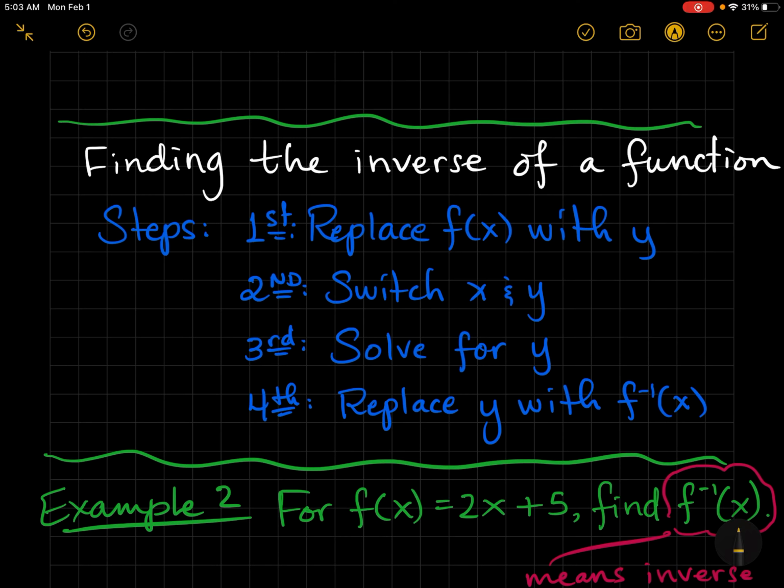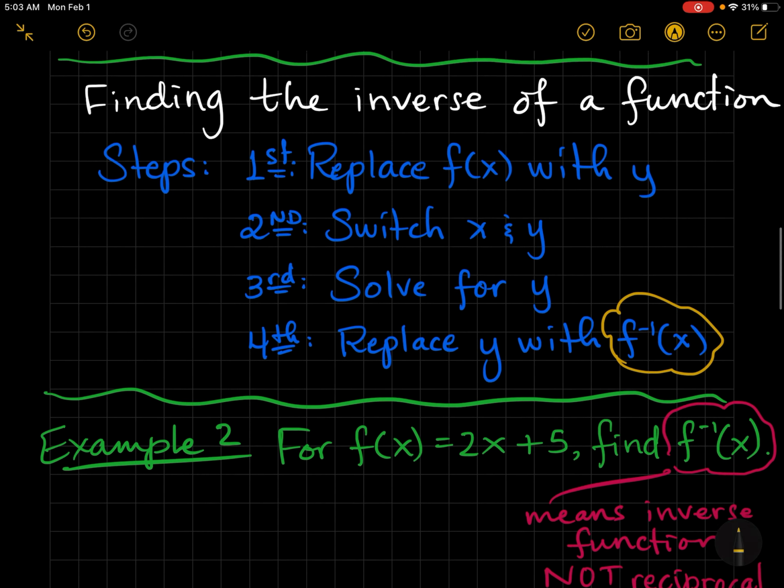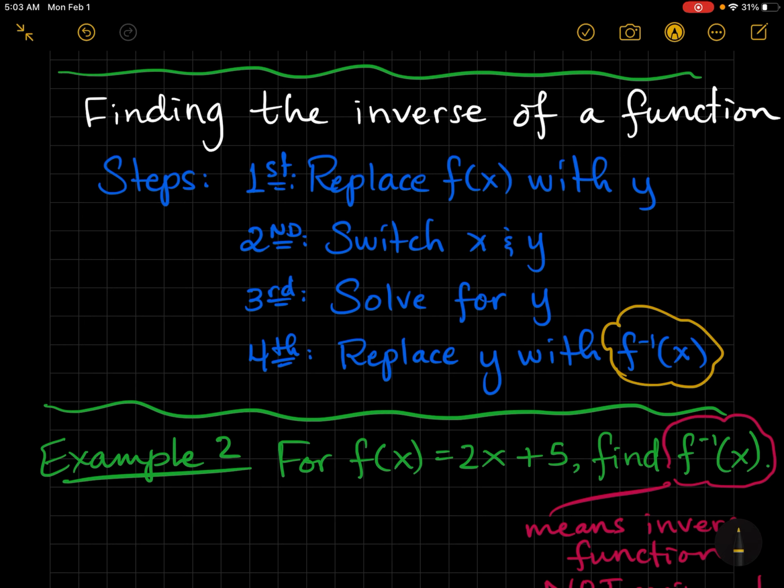Okay. Let's move on and learn how to find the inverse of a function. So let's say you only know f of x. This is going to teach you how to find f inverse of x. Okay. So we have 4 steps. First, replace f of x with y. Then you're going to interchange or switch x and y. Then you're going to solve for y.